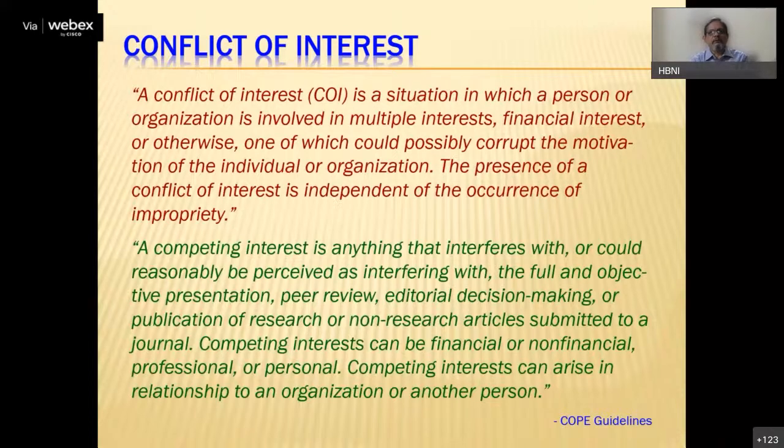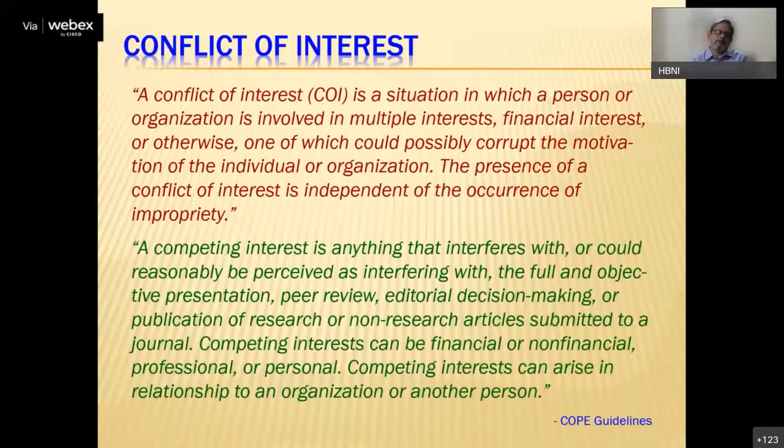Okay. So basically this conflict of interest will actually interfere or may be perceived to interfere with the way you present a manuscript, the way the manuscript is reviewed, the way the editor takes a decision on the manuscript, whether it is to be accepted for publication or not, and so on.